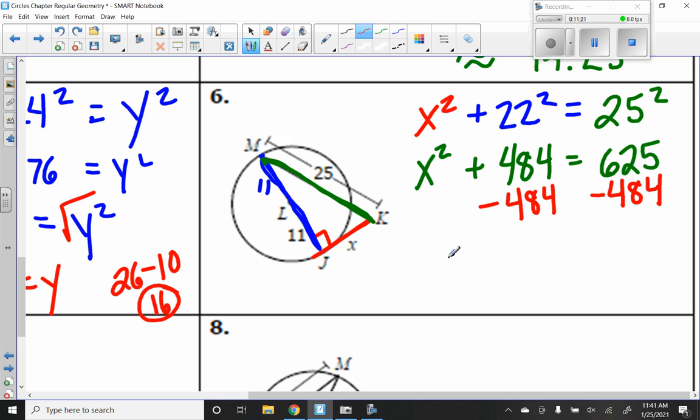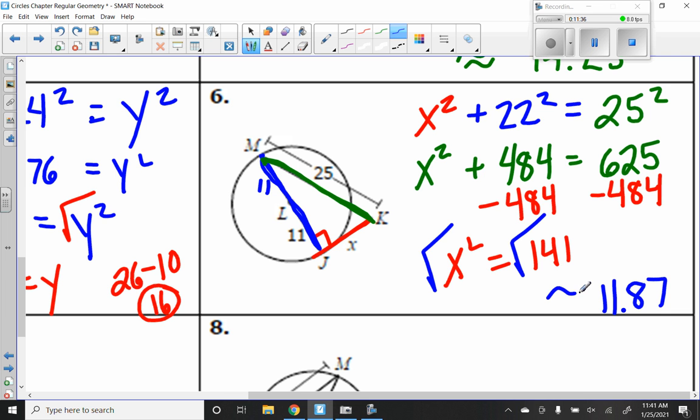And I get 141. And again, the last step is to take the square root. Now I get right around 11.87, approximately, rounded.